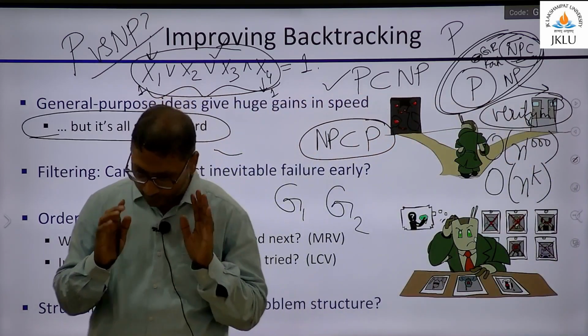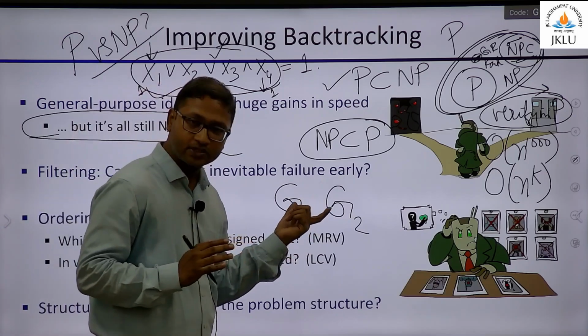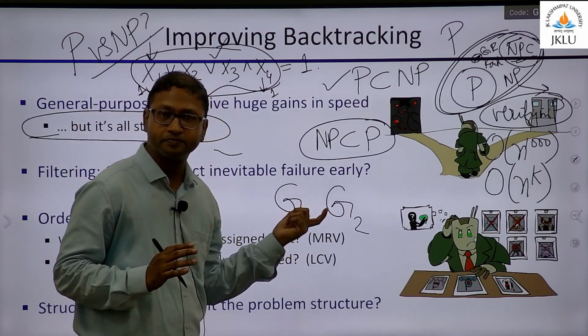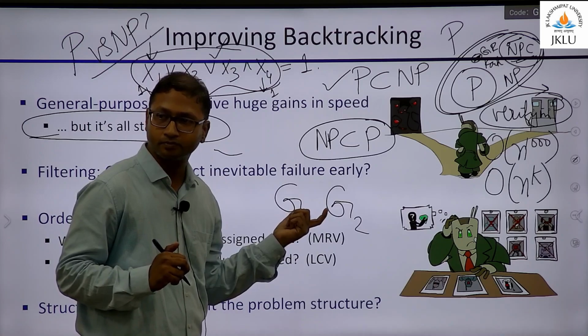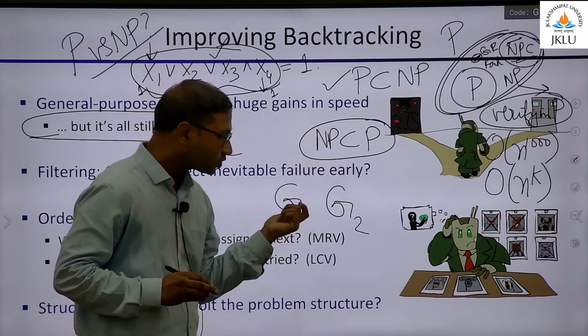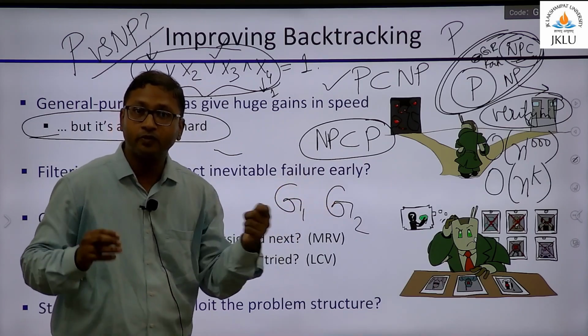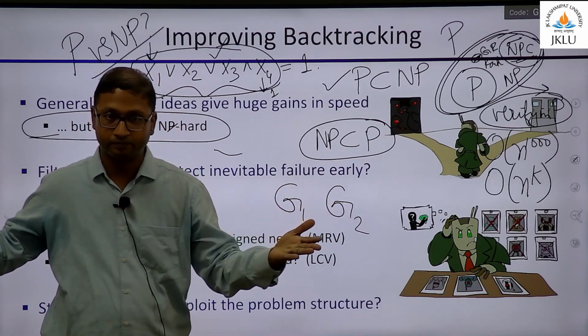So first of all, let me talk about just graph isomorphism. What is graph isomorphism? Graph isomorphism is, given these two graphs, you have to tell me whether they are the same, right?